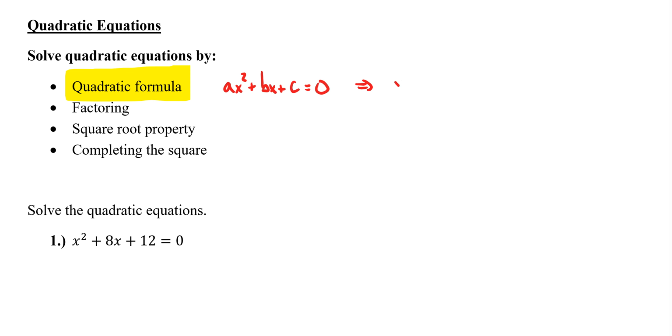Then the answers, the x values, are given by the quadratic formula: negative b plus or minus the square root of b squared minus 4ac, all over 2a. I'm not going to go over where this comes from right now just for time's sake; it's completing the square on ax squared plus bx plus c equals 0. You should have that memorized.